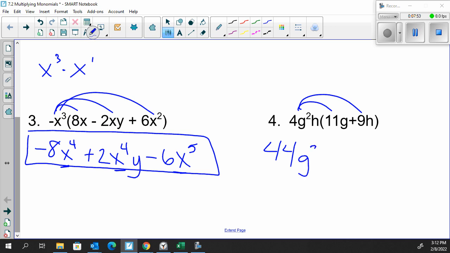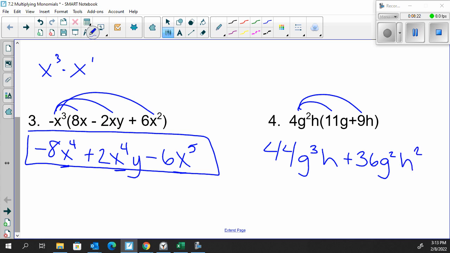And I have h. So I need to put an h on there as well. Right? Next piece. 4 times 9 is 36. g squared. There's no other g here. Right? So it's just g squared. And then h times h, what's that? h squared.